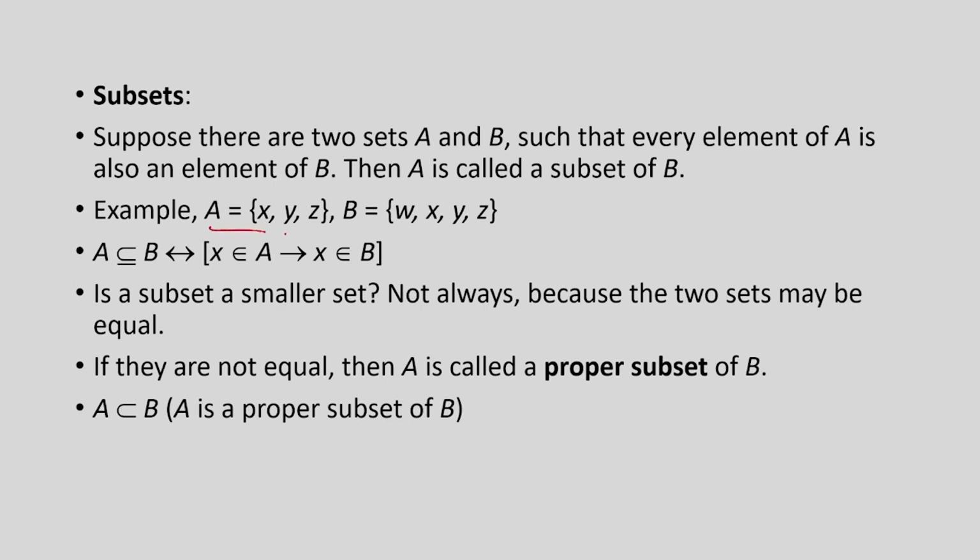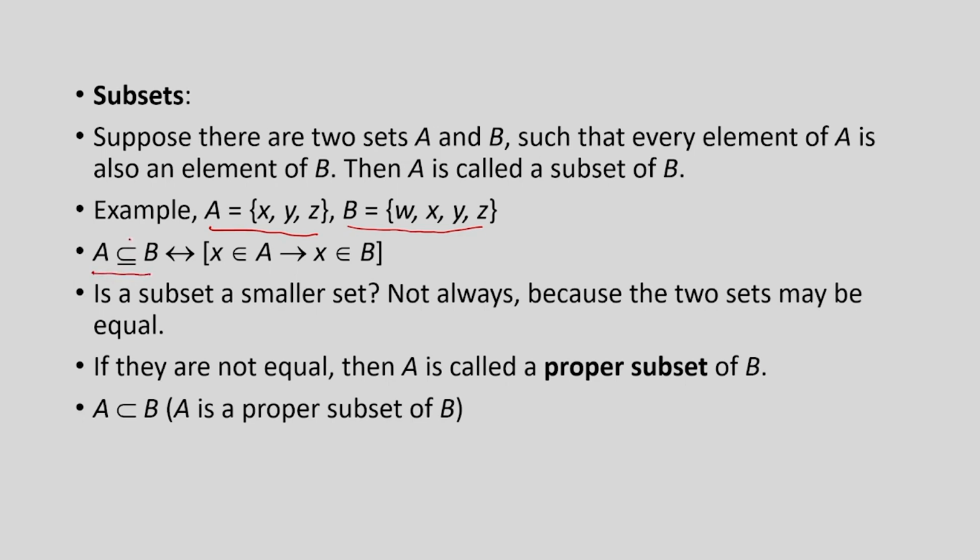A has three elements X, Y, Z, and B has W, x, y, z, and you can see that if you pick up x which belongs to A, then x is there in B also, similarly for y and z. So, therefore, the property is satisfied and we say that A is a subset of B.